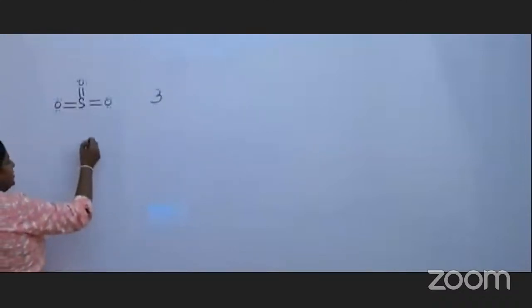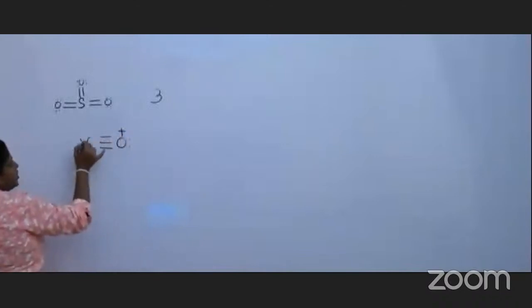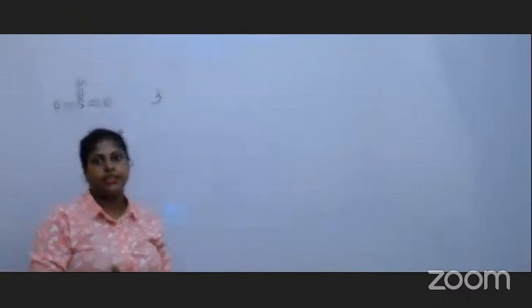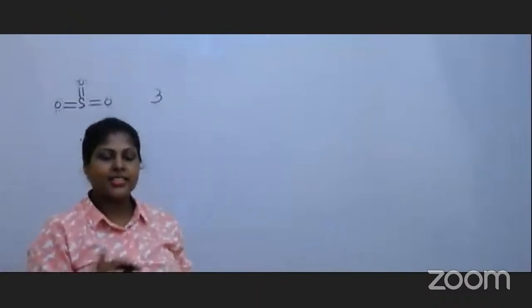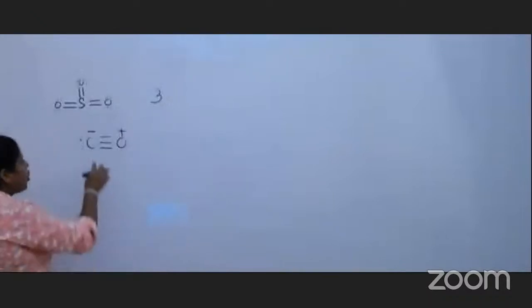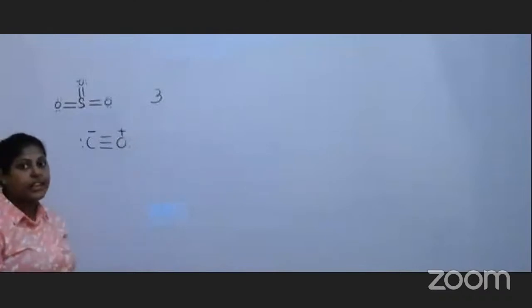When you take carbon monoxide, here is a plus charge on oxygen and a minus charge on carbon, even though the most electronegative element is oxygen. So I'll take the total VSEPRs around the central atom, guys.